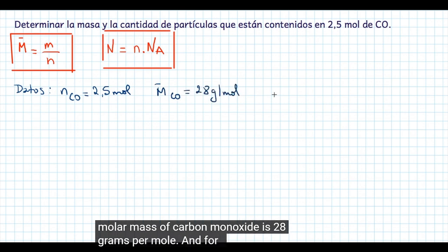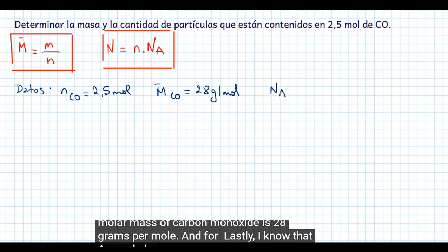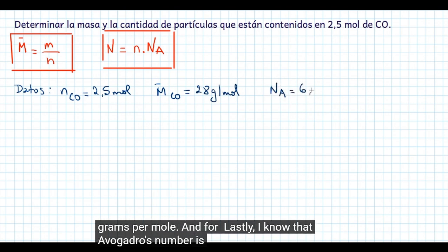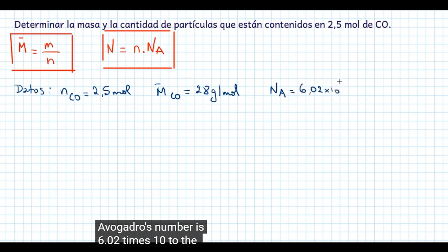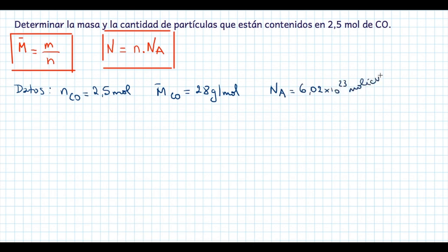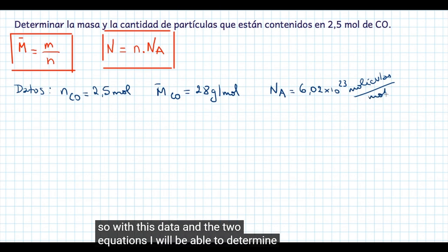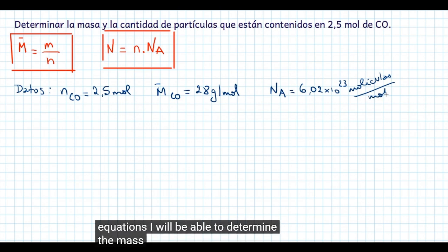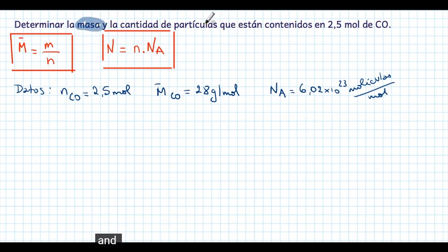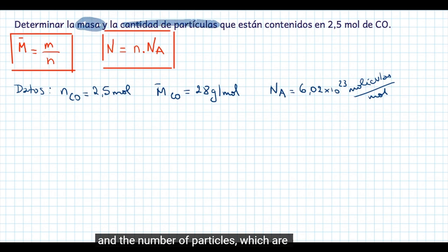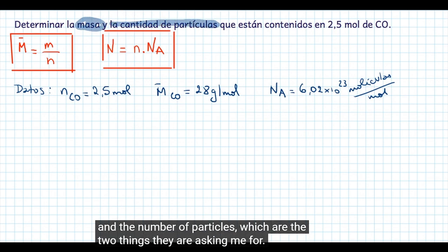And lastly, I know that Avogadro's number is 6.02 times 10 to the 23rd molecules per mole. So with this data and the two equations, I will be able to determine the mass and the number of particles, which are the two things they are asking me for.